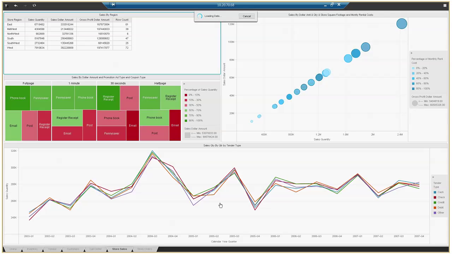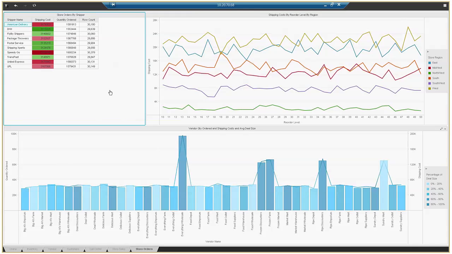Once again, we try to conform to having that design pattern where the left-hand side reflects a filter for you. I just selected American delivery there, and when this query is actually firing off, at least 2 different queries here refresh just based on whatever I select for the shipper name.